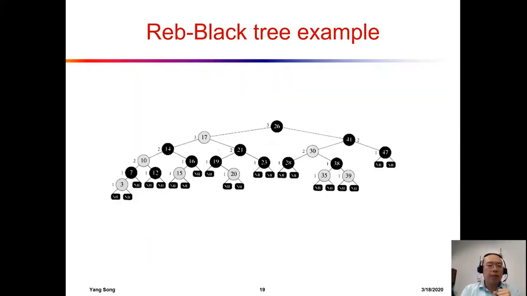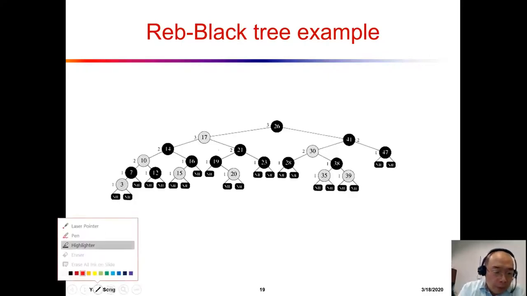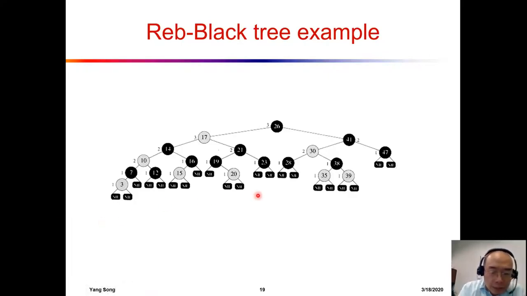But let me show you an example of a red-black tree. Of course it is not really red and black, it is red and gray, because this is the image I got from our textbook. But if you see on the very lowest level, let me bring up the laser pointer. For example, if you see this one, that is actually a nil.